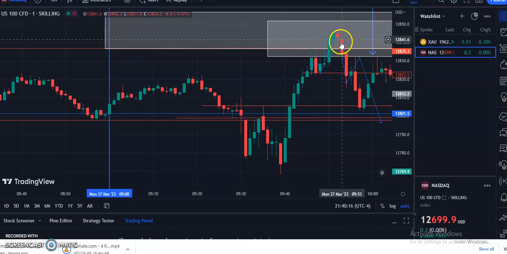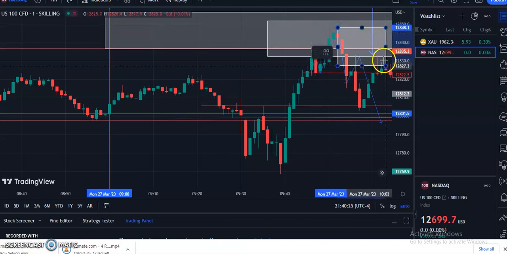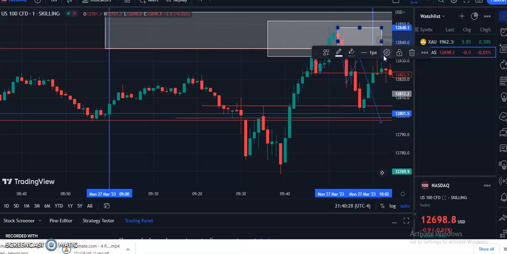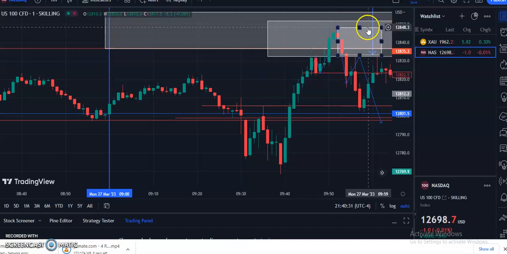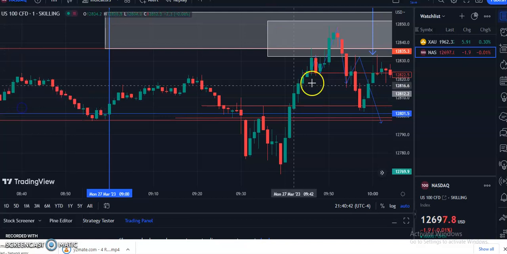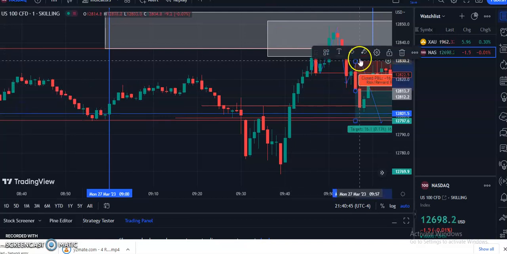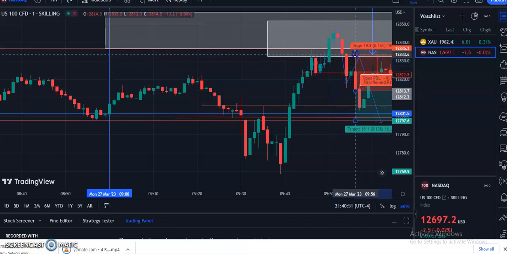Clue number two, the distance. Look at this distance here. There is a possible stop hunt area here. So, if the possible stop hunt area is very small, then you know that your risk is small. But when you enter here, you see, you now have to increase your stop loss size.